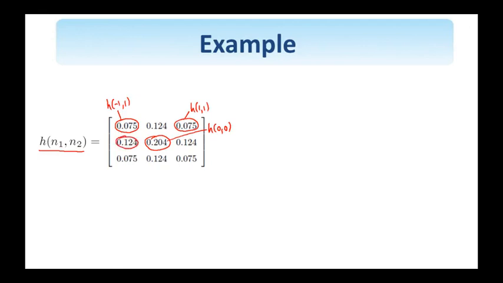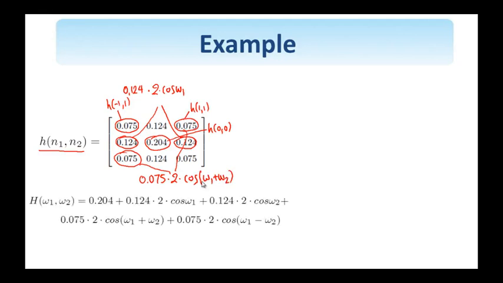So for example, this and this term should give rise in the frequency response to 2 times cosine omega 1 times the coefficient, while the diagonal terms, this term and this term, should give rise to a term like this in the frequency response, 2 times cosine omega 1 plus omega 2. So if you work out the example, you should find that this is the frequency response of this system as shown here.